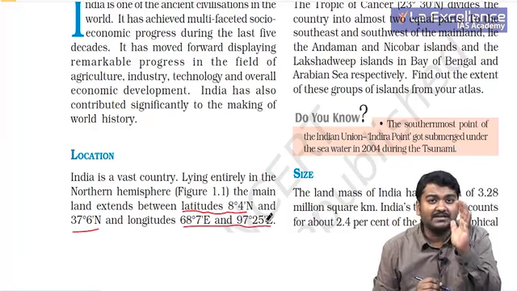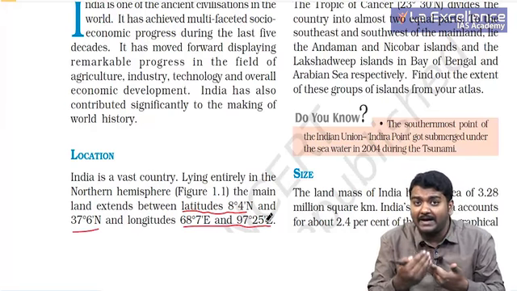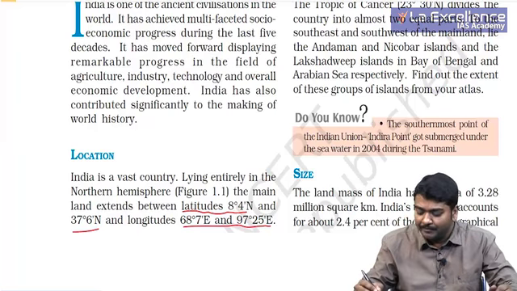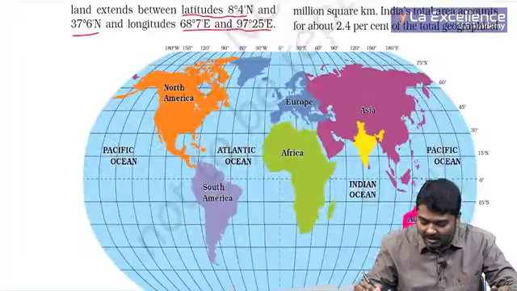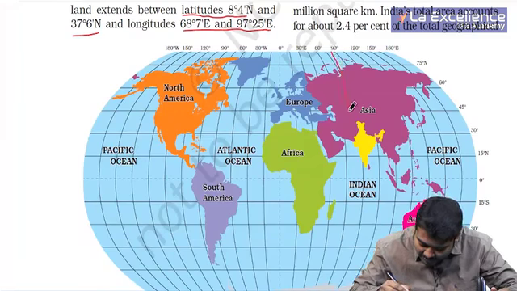UPSC has asked this not only in prelims but in mains whenever they talk about piracy and other issues which we usually observe in the world. Now, whenever we look at the longitude, here it is given that 68, so somewhere it comes here, right?